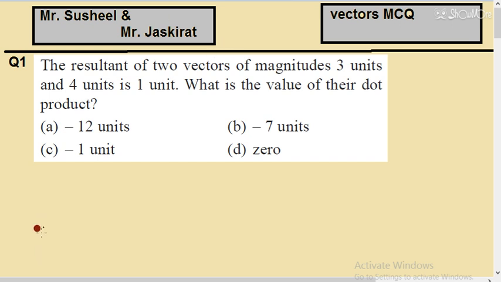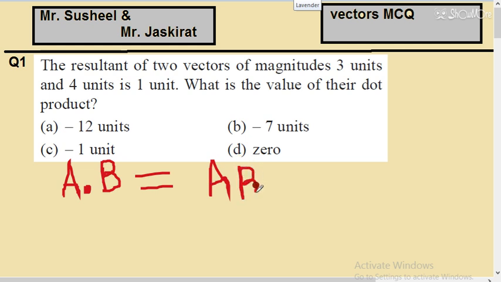The dot product of two vectors a and b, a dot b, is equal to the magnitude of a, the magnitude of b, and the cos of the angle between the two vectors.